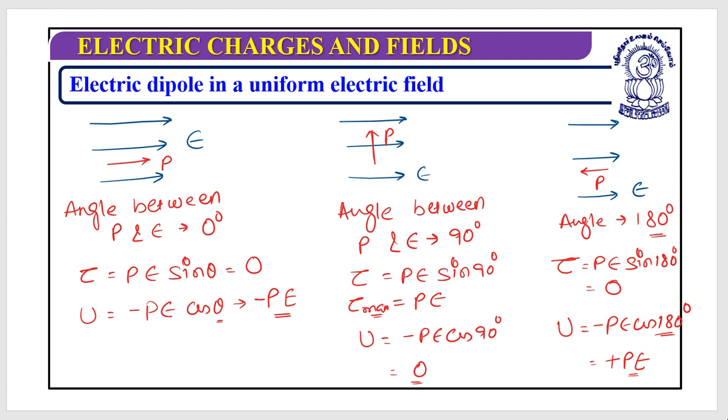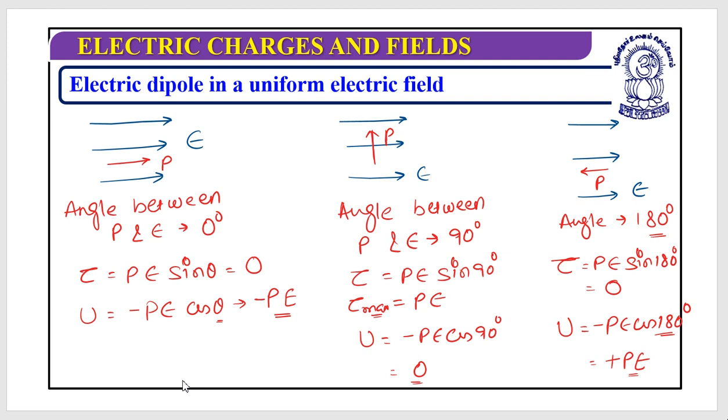Is everything clear up to this? Now remember one thing. In class 11, you have studied maximum and minimum, as well as stable equilibrium and unstable equilibrium.